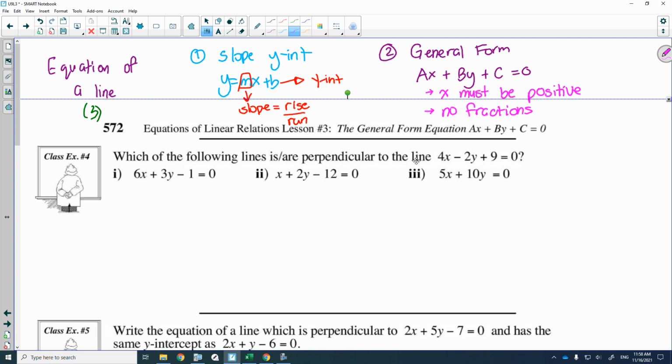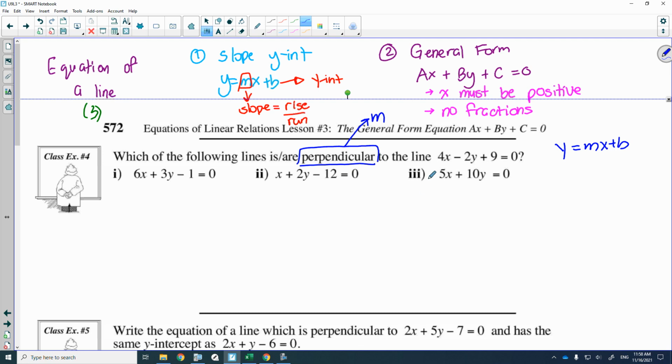The first thing you have to realize is whenever they use the word either parallel or perpendicular, they are talking about slope. The only equation that we could get the slope from is y is equal to mx plus b.